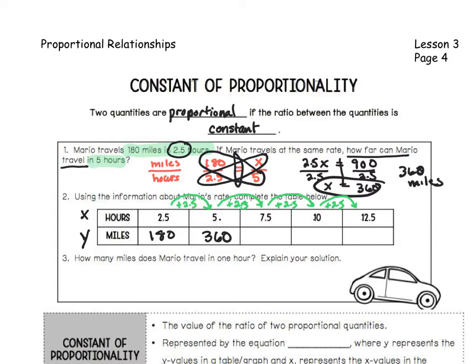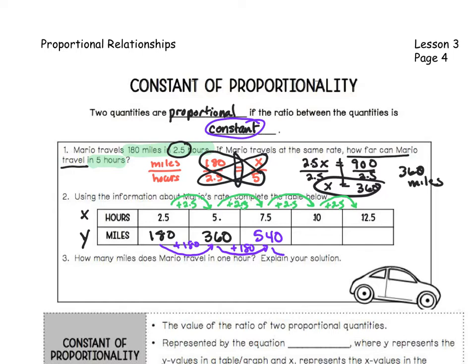So if I start at 180 and I go to 360, that would be adding 180. And since my x values have a consistent or a constant pattern, we're going to use that and assume that there's a constant pattern here. I'm going to add 180, which would be 540.